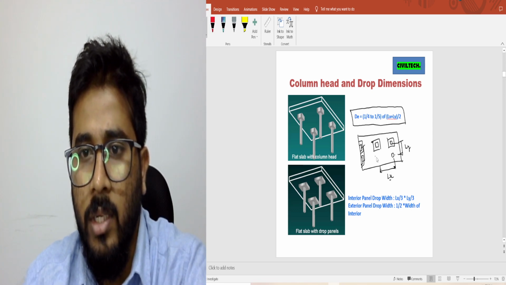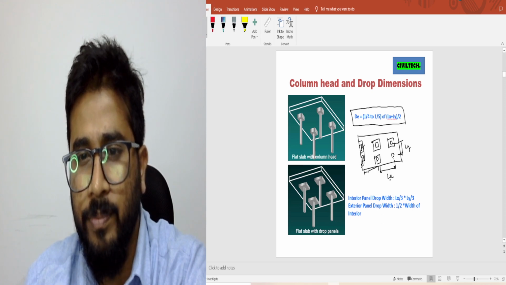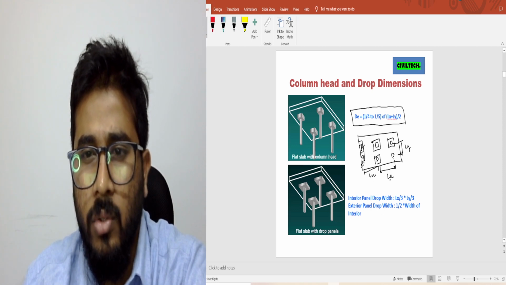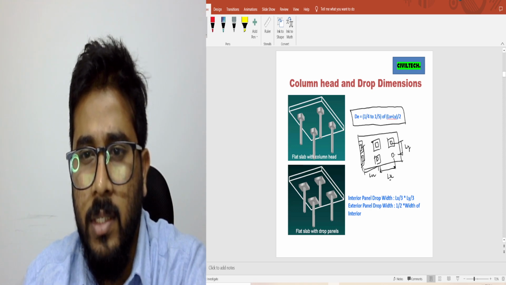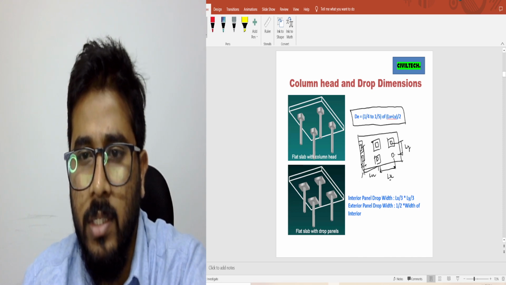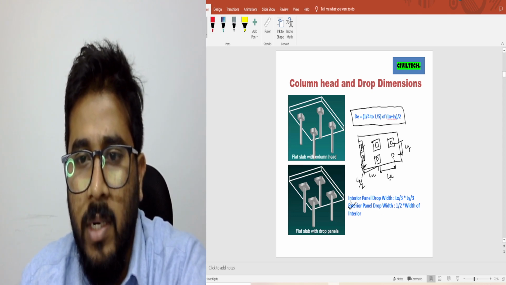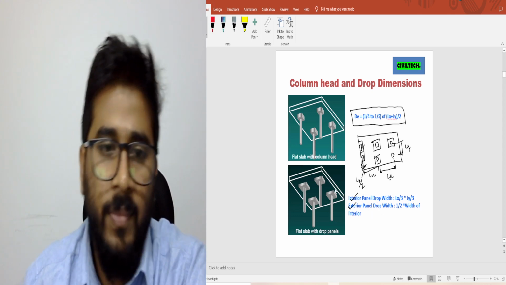And if this is your center to center distance Lx, then in the x direction the dimension of the panel is nothing but Lx by 2. So this is for the exterior panel, and the earlier one is for the interior panel.